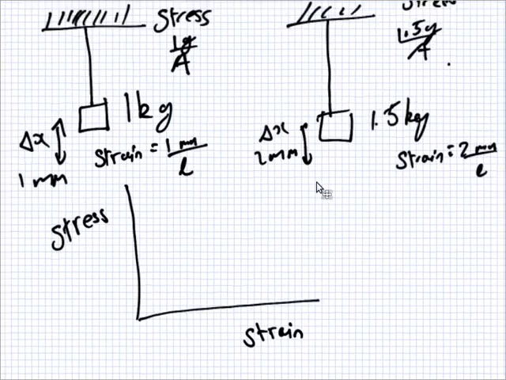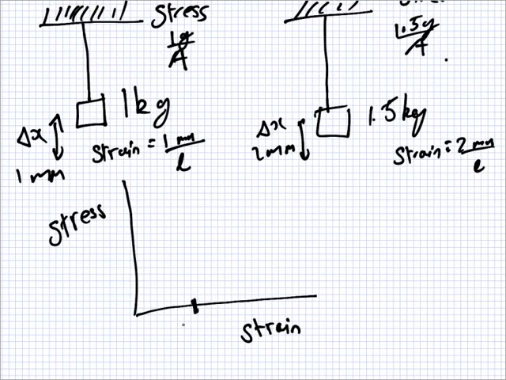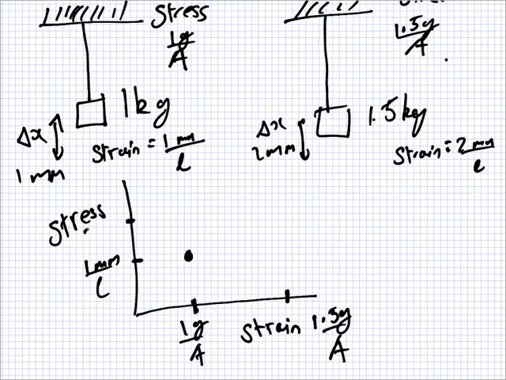Okay, so the first one, that's 1g over A, and that's 1 millimeter over L, and that's 1 point here. And then the second one, that's 1.5g over A, and then here is 2 millimeters over L. That's the second point. So what is the slope of this line? That's Young's modulus.